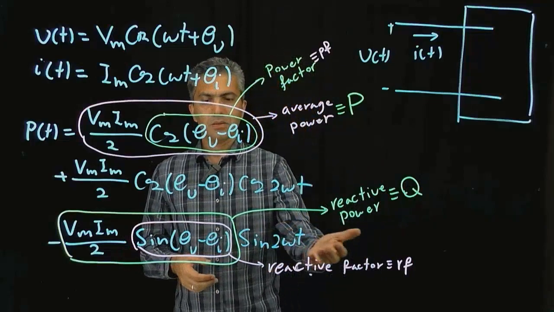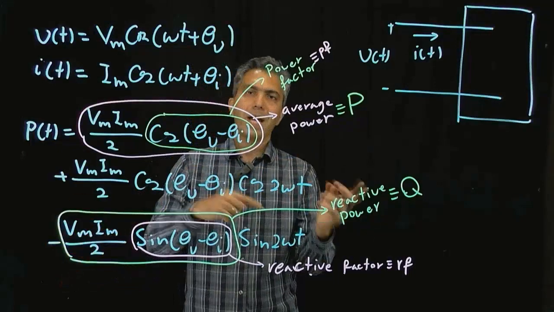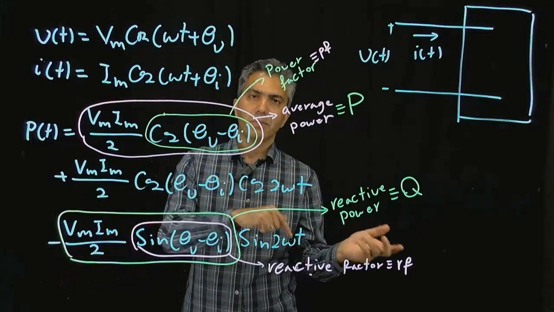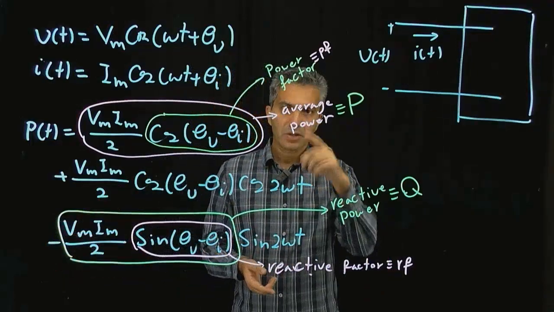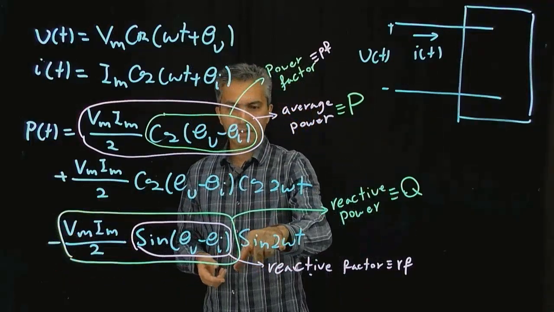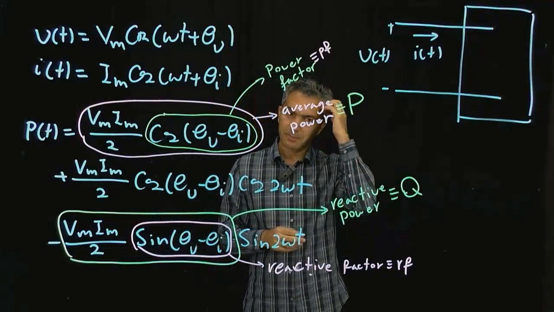The energy would go back and forth between current and magnetic field, and magnetic field back to the current delivered to the circuit in each half cycle of that sine 2 omega t that we saw last time.